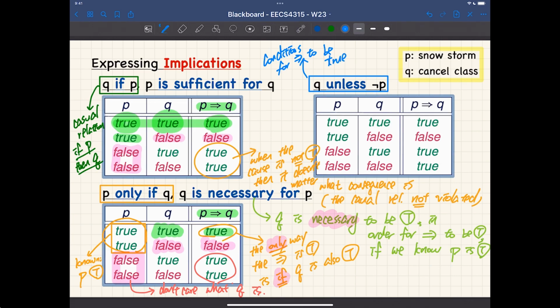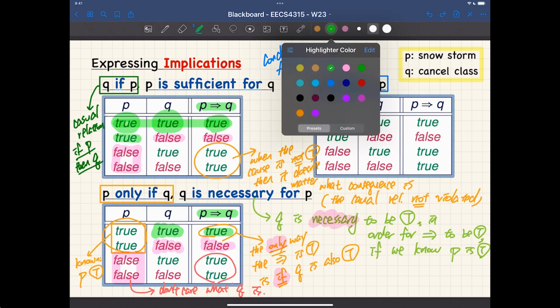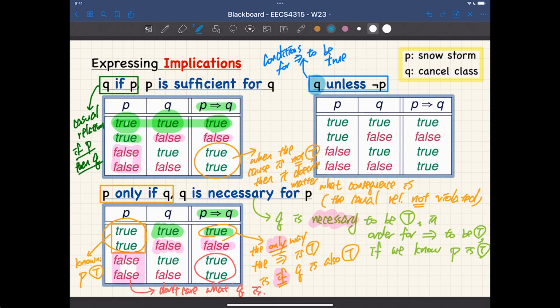Think about this as condition number one, which is Q being true. If I know that Q is already true, is it the case that P implies Q is always true? Indeed. In this case, it doesn't matter what P is. That's what Q is saying.